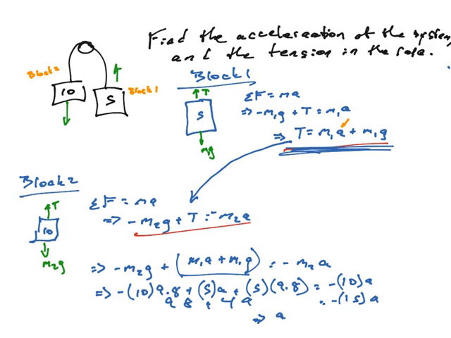I've got a equals, sorry, minus 98 plus 49 over negative 15. So what will my answer be? I get 3.27 as my acceleration.